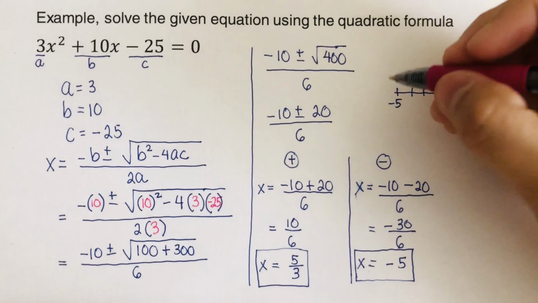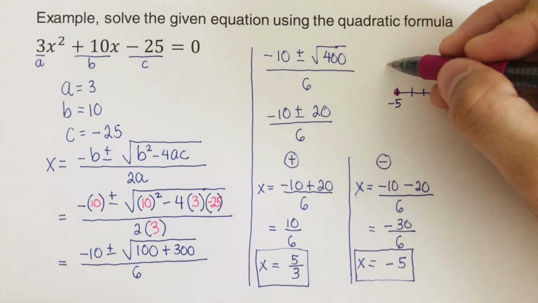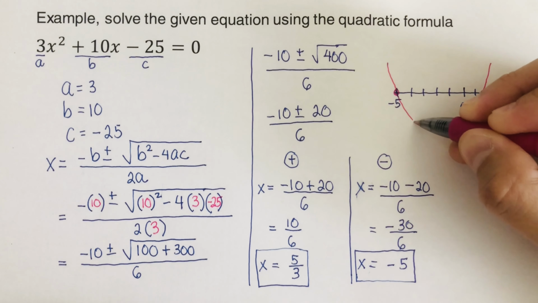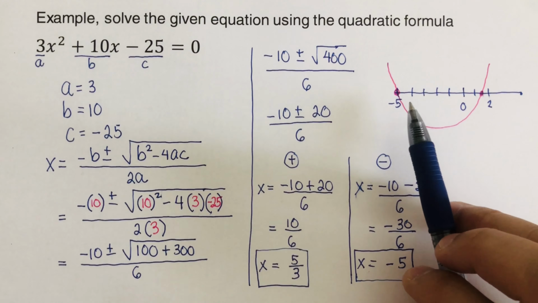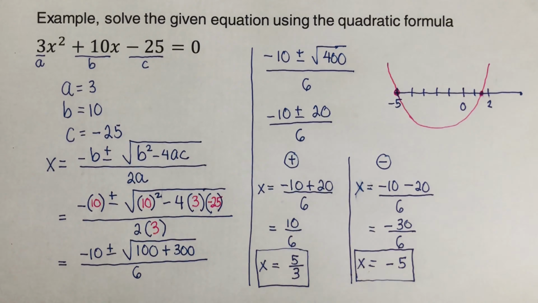So the parabola is going to cross at these points right here. These are the roots of the parabola. I did not draw the x-axis for this, but I'm just showing you that the graph is going to cross at negative 5 and 5 over 3 on the x-axis.